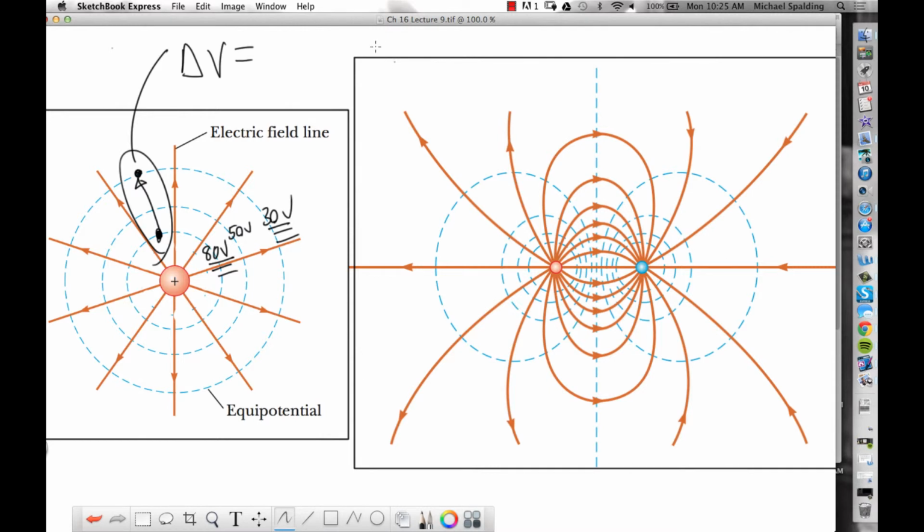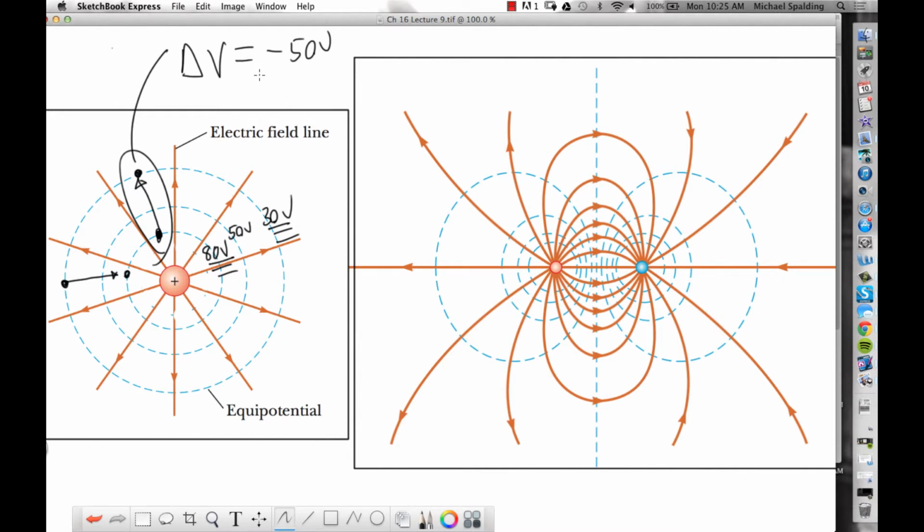What's the change? Negative 50, right? If you went the other way, the change would be positive 50. So that's how you're going to use equipotential surfaces. You'll be given the potential on that surface, and then you can figure out the change. Change is what's important.